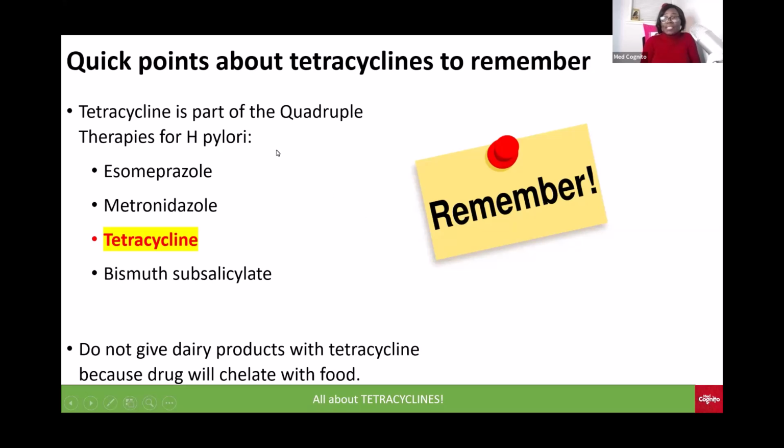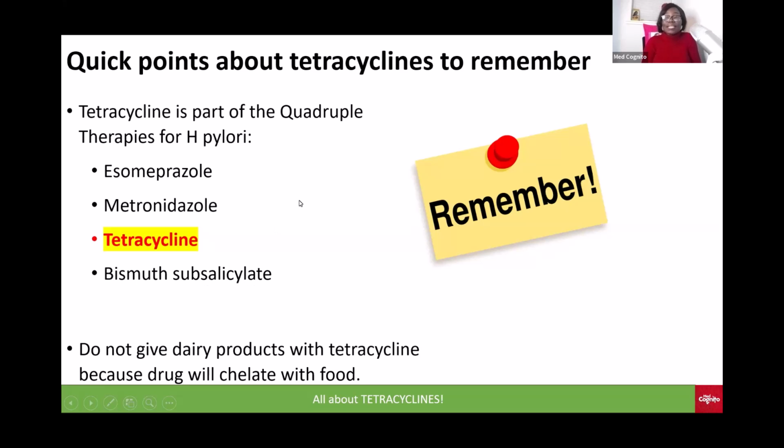In the indications for tetracycline, we spoke about tetracycline being used in H. pylori treatment. So tetracycline is part of the quadruple therapy for H. pylori. So we have esomeprazole, metronidazole, then tetracycline is added, and we also add bismuth subsalicylate.